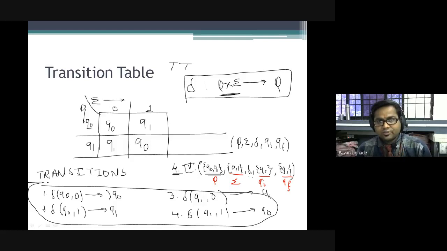I hope this has been clear, because for whatever programs we have seen earlier, you are supposed to write down the solutions in this 4-step method. That was your assignment for this week, which you will be submitting by Monday.